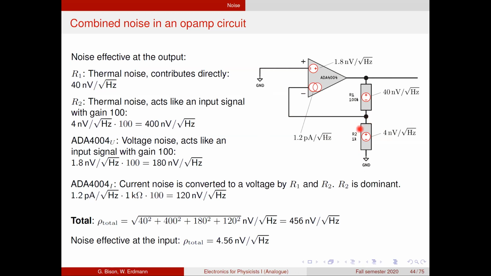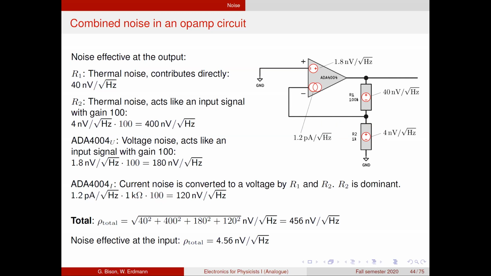And in a parallel configuration, always the smaller one dominates. And so this resistor here converts our current to a voltage. And since this is again at the input, we have to multiply with 100. So what we have to calculate is the 1.2 picoamps per root hertz times 1 kilo ohms, times 100. So it gives us 120 nanovolts per root hertz.